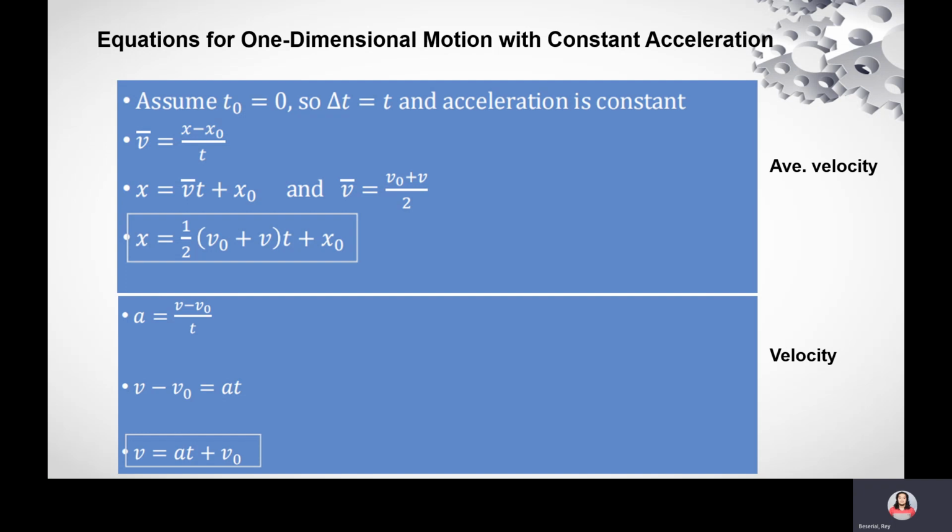So V sub final minus initial velocity is equals to acceleration times time. Okay. So yung V natin, kukunin natin yung final velocity. So yung formula natin is acceleration times time plus yung initial velocity. So ito yung ating velocity with respect na mayroon tayong data from acceleration. Okay?